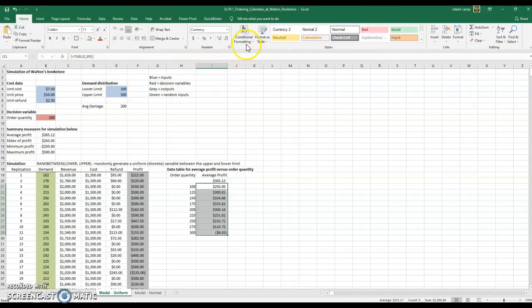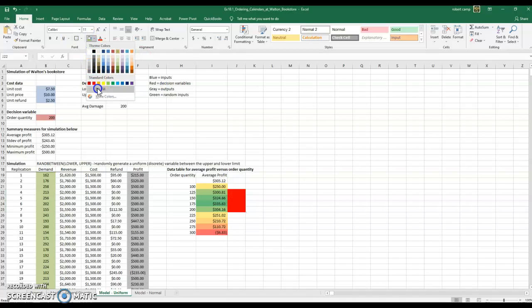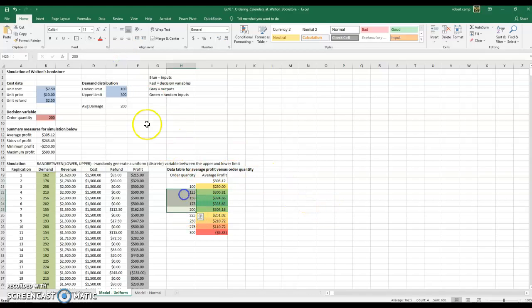Let's go to Home, Conditional Formatting. We're going to use that color set, just use that normal one. And using this one we can see that we've got a slightly larger band here. Actually, I don't know why it was highlighting that. I should probably be highlighting these. So let's highlight these here, put it in a nice light green. Maybe that's too light.